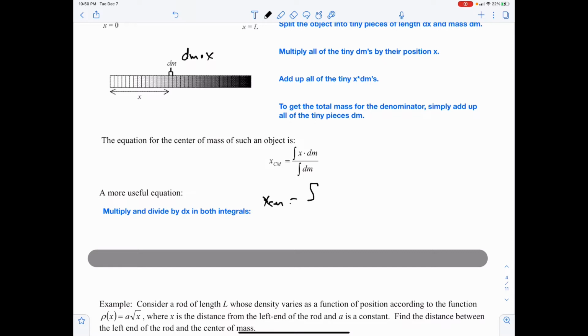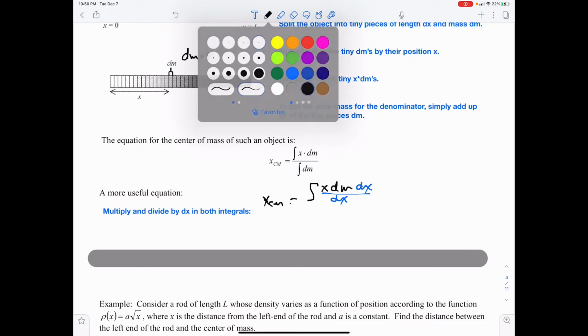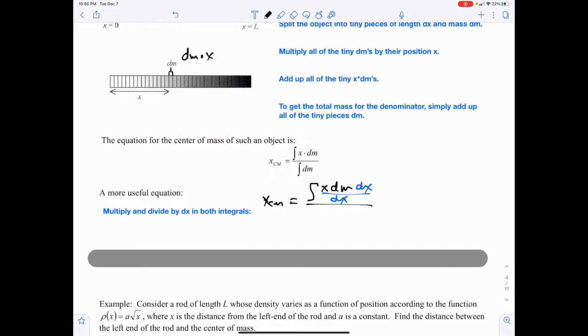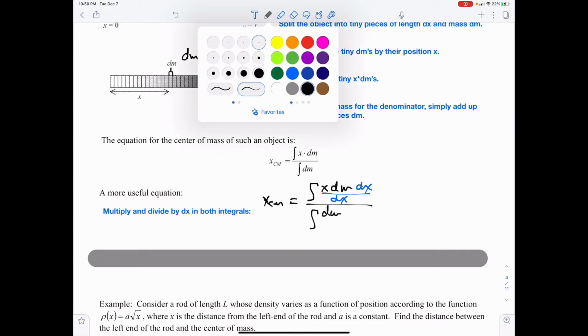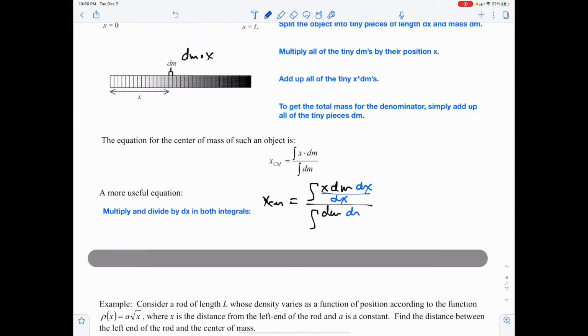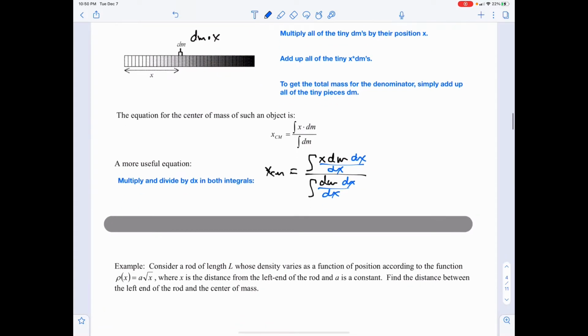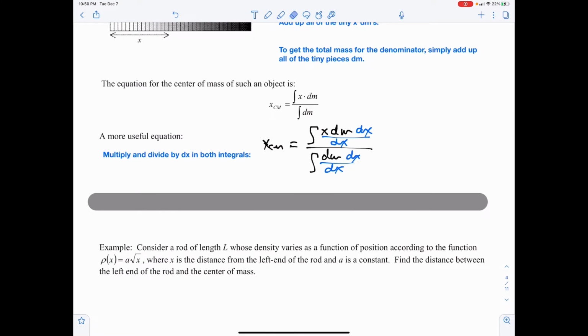So you have x times dm right here, and we're going to multiply by dx over dx, and then we're going to divide that by the integral of, and we originally had the integral of all your total dm, and we're going to multiply and divide that by dx over dx. Okay, and here's what we get with that.